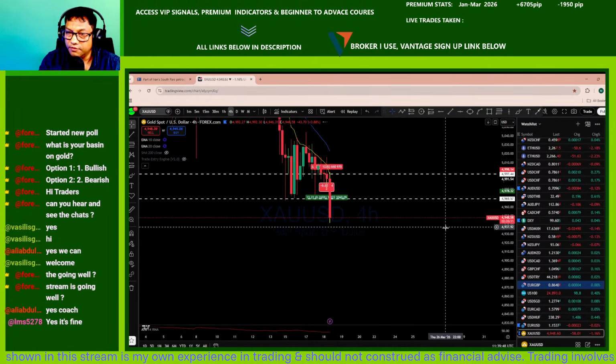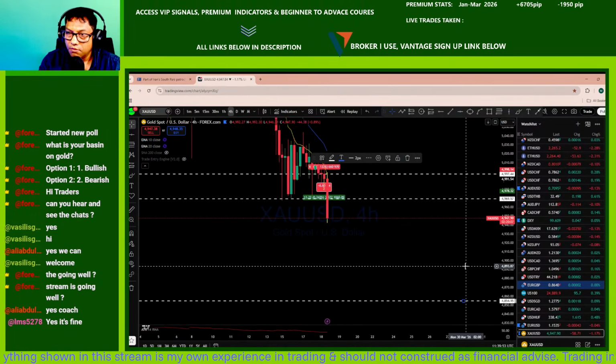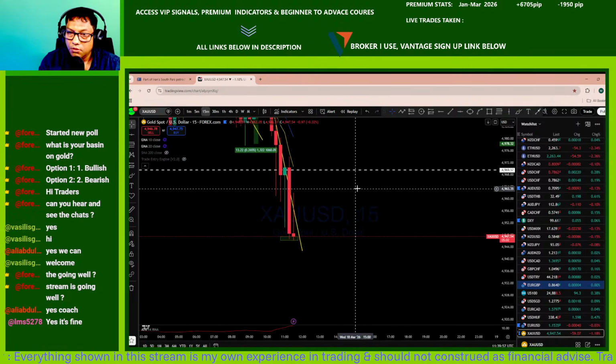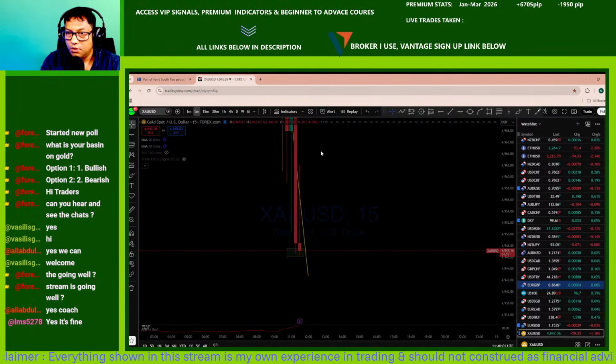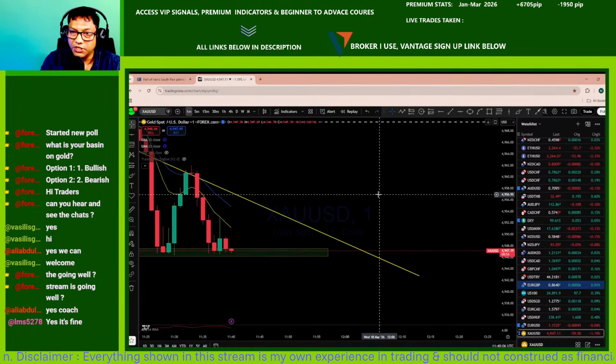So if you look here, this is the current support level in that area, and with this current support, there is a bearish engulfer being formed in that area.